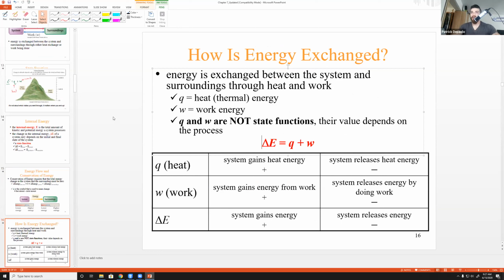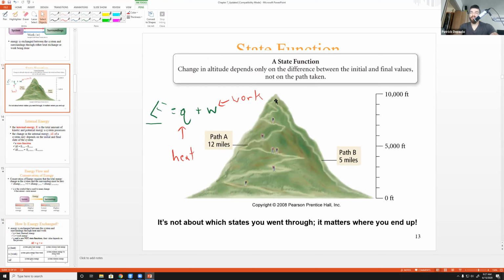Whatever. She's fine. Okay. So here are the variables that we're going to use. We can use Q as heat, which is thermal energy, and work, W. Also keep in mind that Q and W are not state functions, meaning their value depends on the process. So delta energy depends on the final and initial. But if we look at this path again, the work required on path B, force over a distance, is going to be a shorter distance.